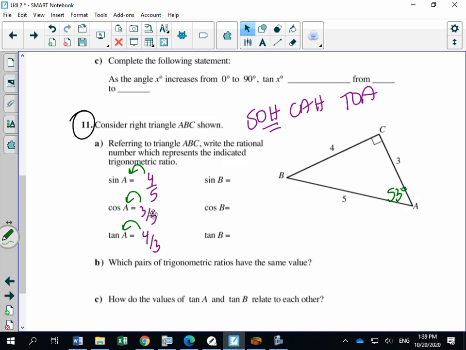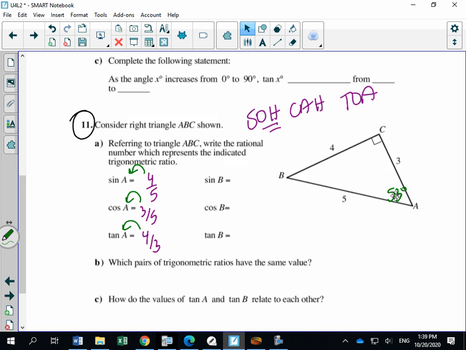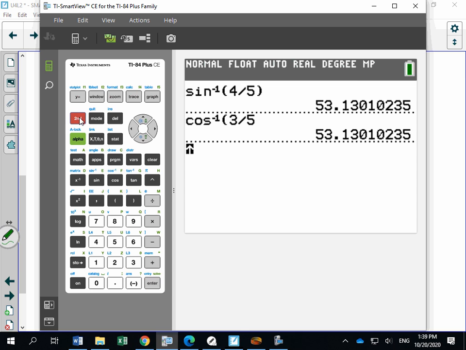Now let's check if we do the cos of that ratio. So let's see what we get when we type the second function cos of 3 over 5. What do you guys notice? It's the exact same number because angle A is not changing, right? Angle A is 53 degrees. Let's type in the tan. Let's find out the angle using tan. So second function tan of 4 over 3 this time.